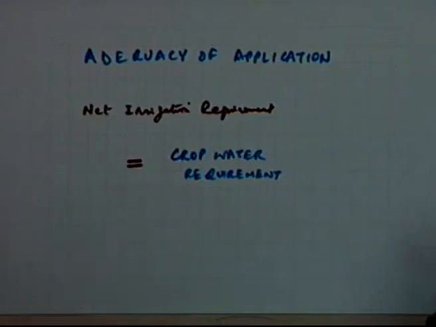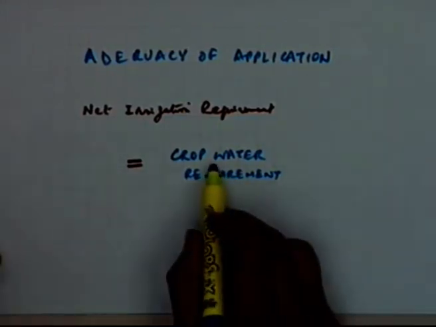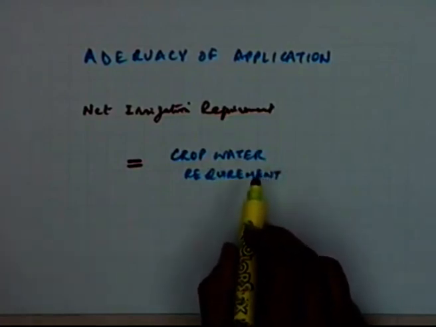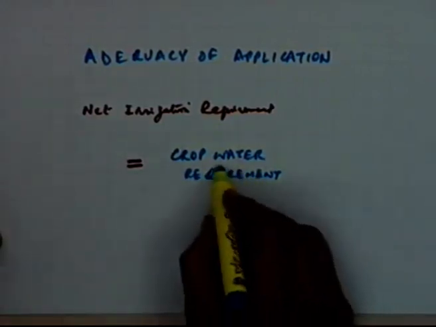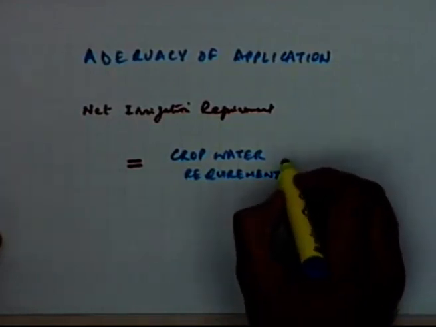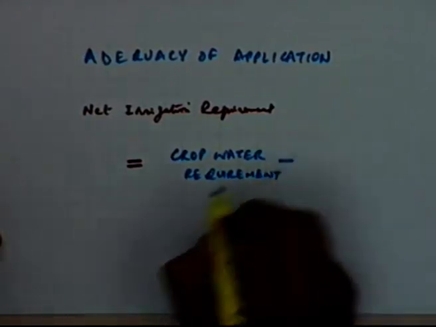The crop water requirement is a function of the climate and the crop put together. And that crop water requirement is also to be associated with respect to when we have done the last irrigation.